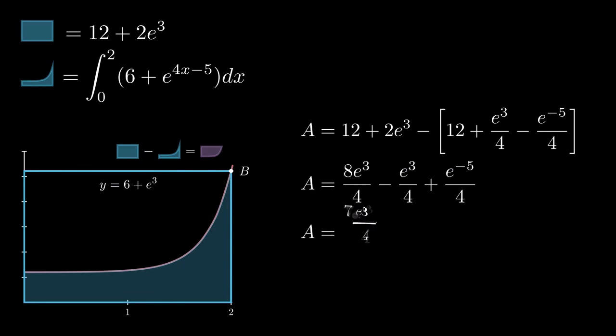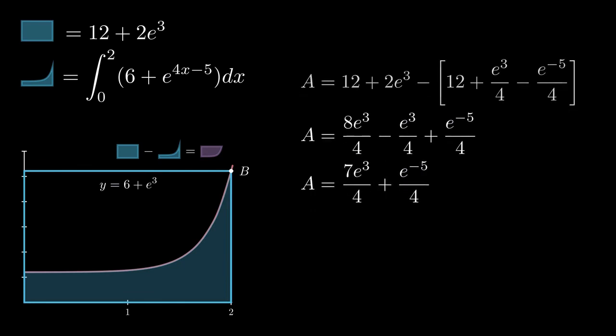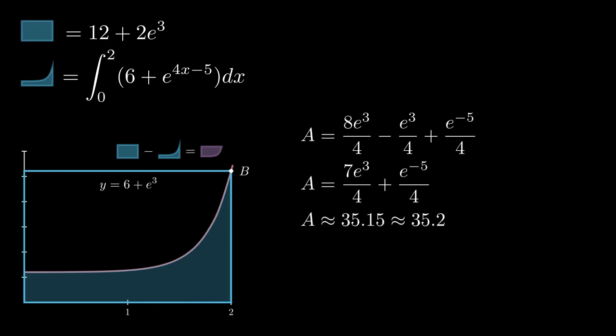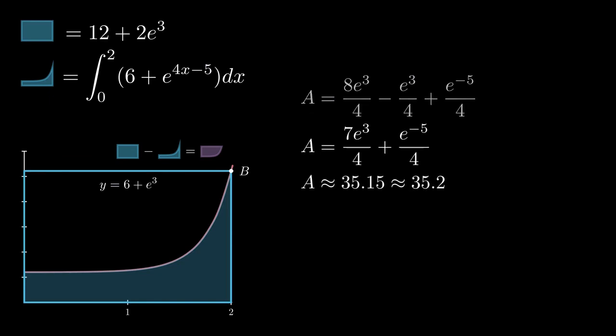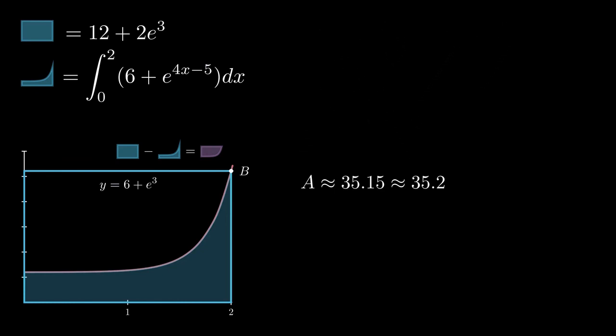So we got positive 2 and a negative 1 over 4. That gives us 7 over 4 e to the power 3. All right, and then you can put it in your calculator at this point, and we get 35.2 to 3 significant figures.